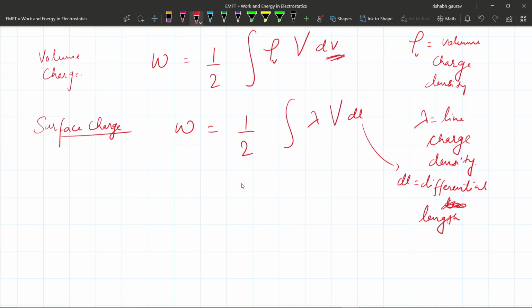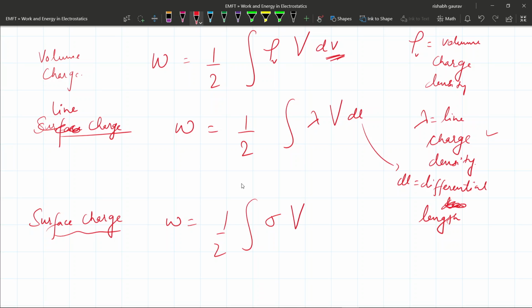This differential length, let's not confuse with the differential volume. Let me make it clear, this is for the line charge, because we have taken the line charge density. And for surface charge it will be given by W equals half integral of sigma V ds, where sigma is the surface charge density and V is the potential.